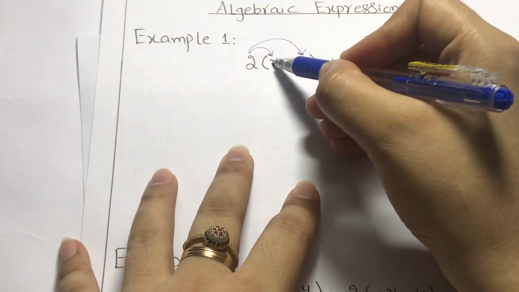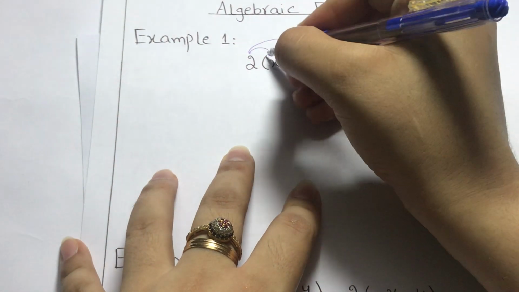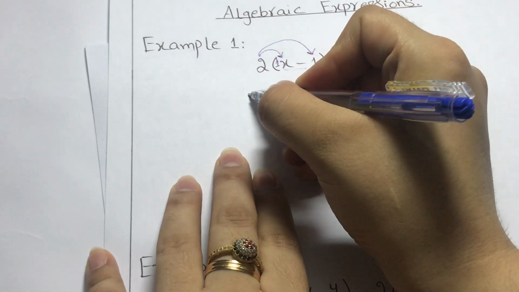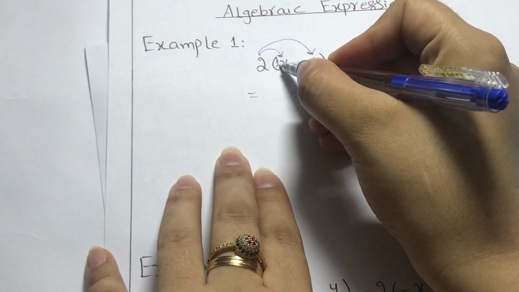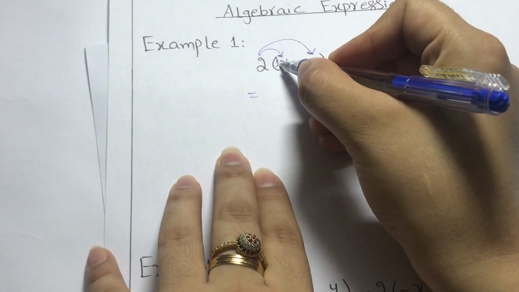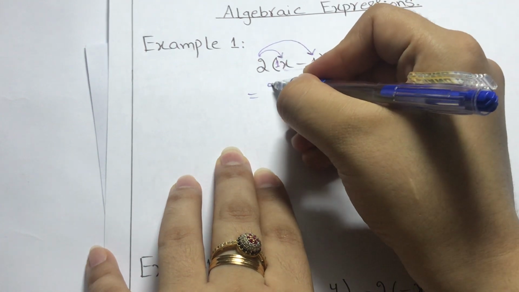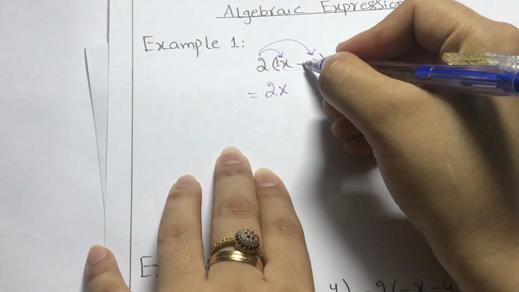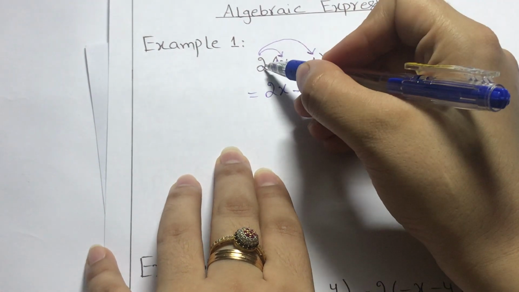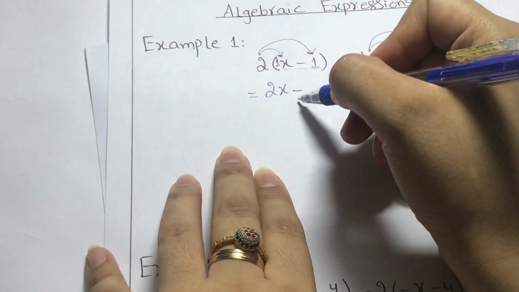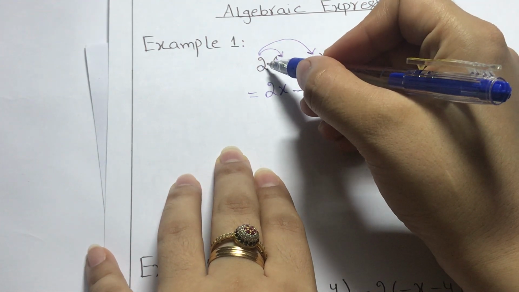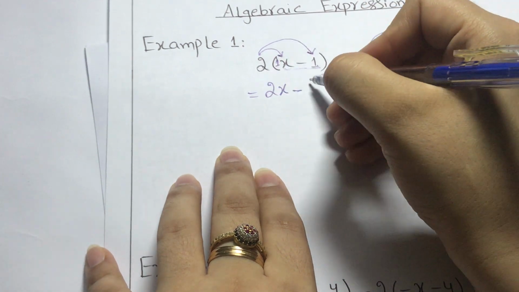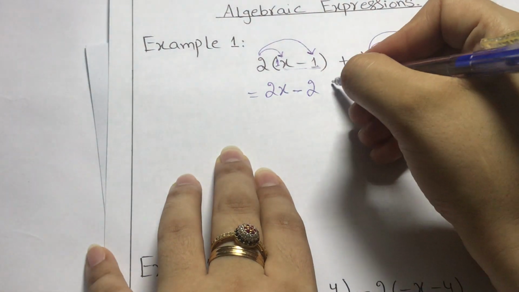Now you can see there is no coefficient with the variable x, that means it's 1. So you will multiply this 2 with the coefficient of the variable, that is 1. So 2 1s are 2 and keep your variable, right? Minus, as this 2 is positive, so you will not change the sign inside the bracket, and you will multiply this 2 with this constant. 2 1s are 2, right?